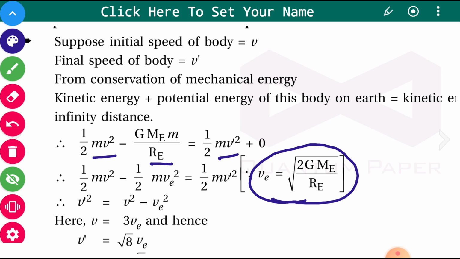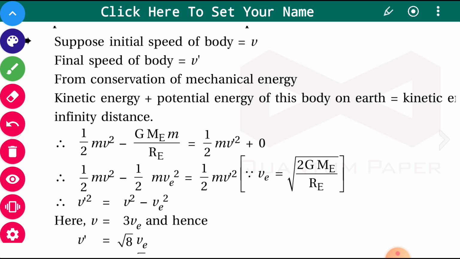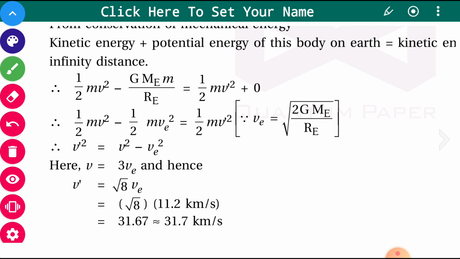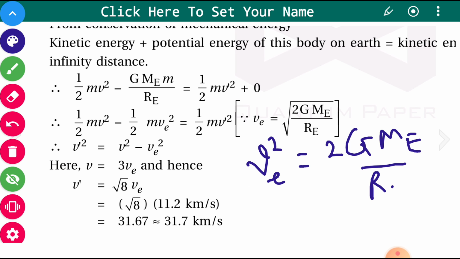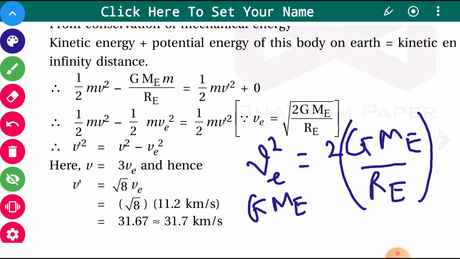If you square it, just try to understand this way. If it is squared, then you will get VE square is equal to 2GME upon RE. So GME upon RE will be VE square upon 2.